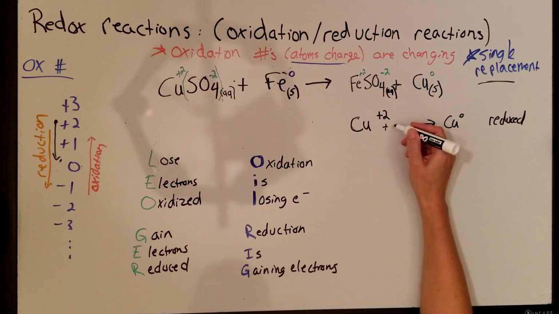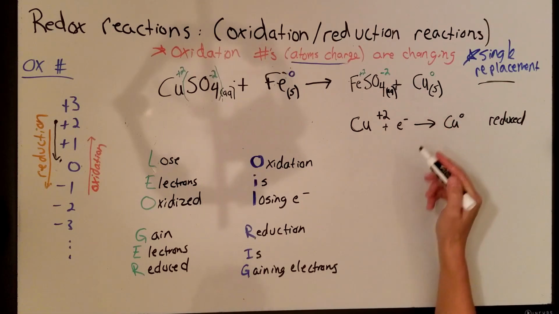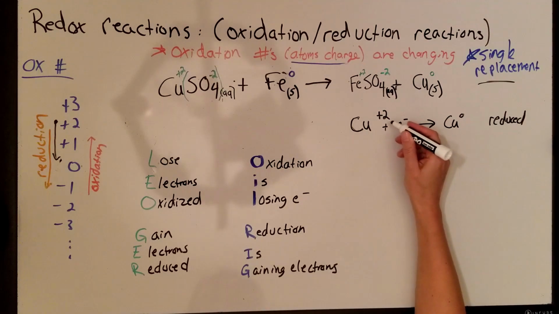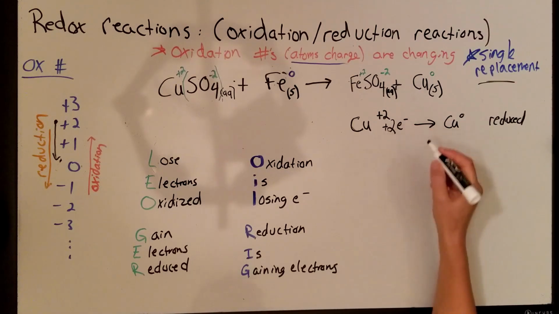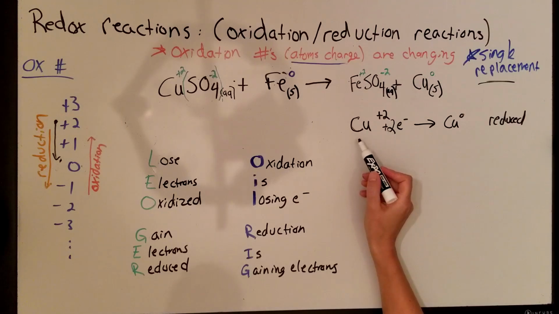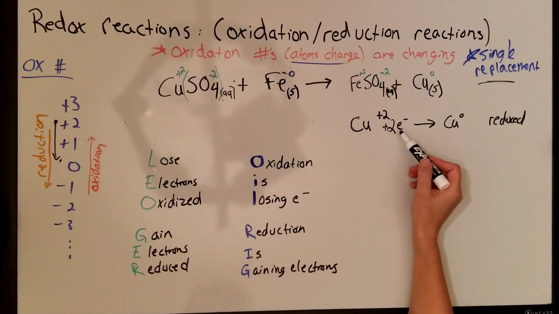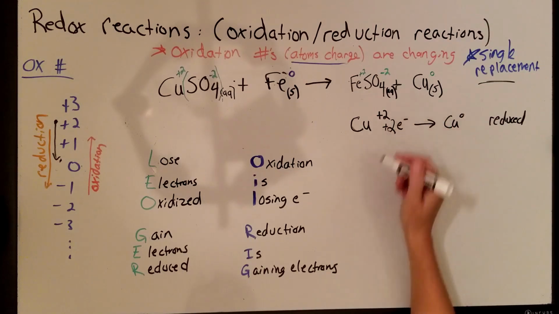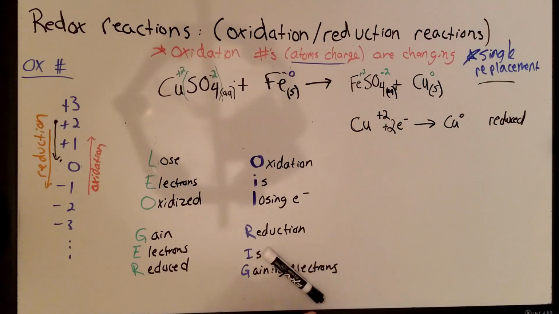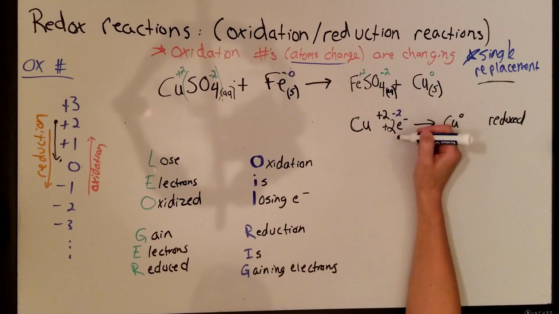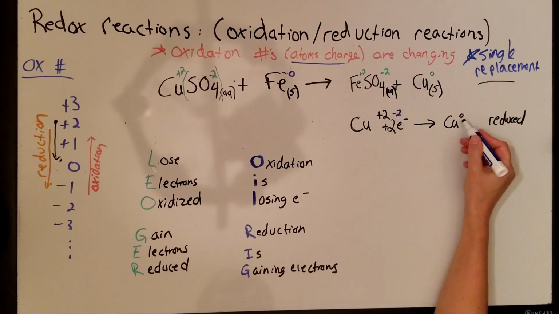If I gain just 1 electron, will that get me to 0? No, just 1 electron is going to get me to a -1. So it's gaining 2 electrons to go from copper +2 to copper 0. Because remember, electrons are negatively charged, so that's the same as adding a -2 here. +2, -2 equals 0.